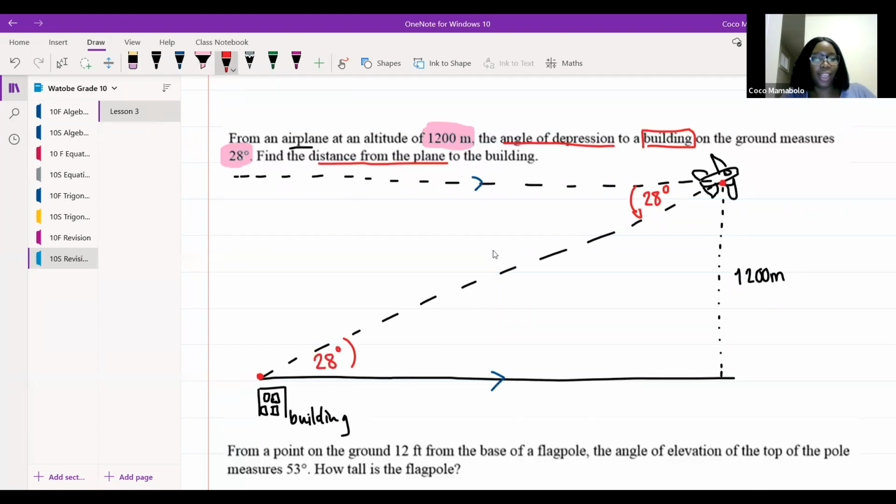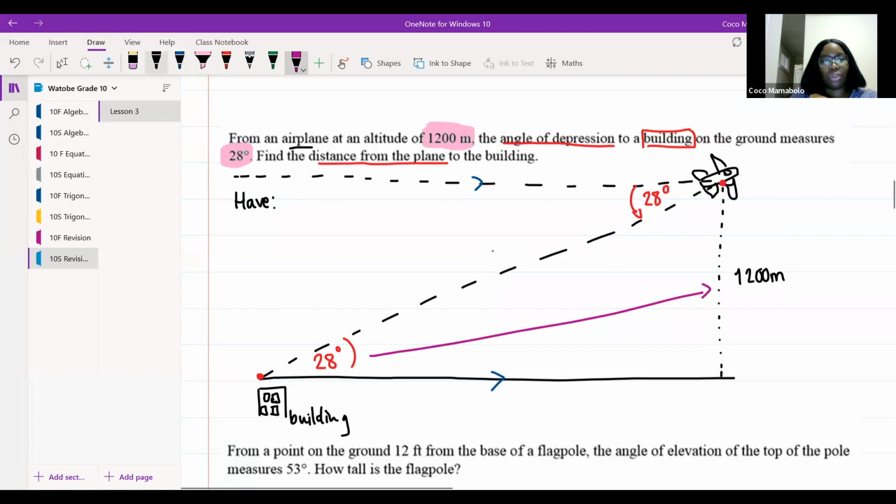Now let's look at the information that they've given us. What have they given us in relation to our angle? Okay, this is my angle over here. That side is going to be called something in relation to my angle.